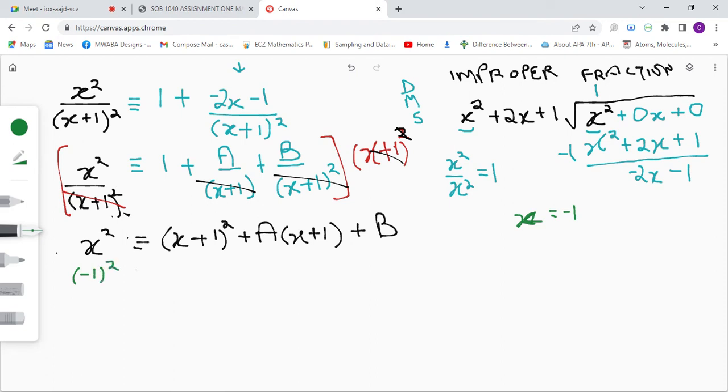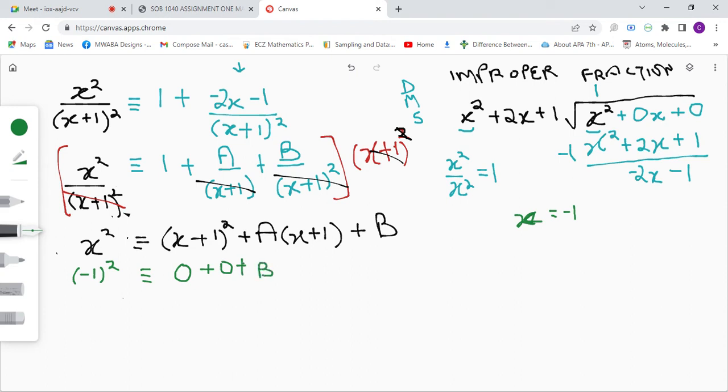So we're going to have (-1)² here. -1 plus 1, that's 0. 0 squared, we get 0 here. -1 plus 1, you get 0. 0 times a, you get 0.